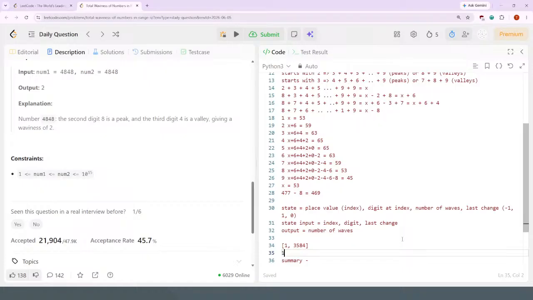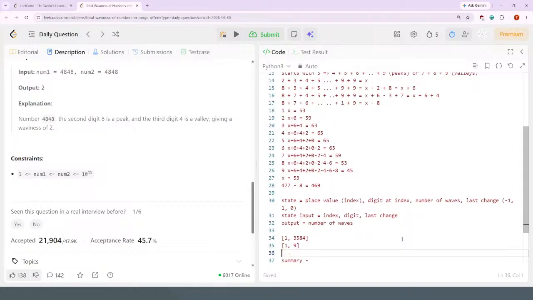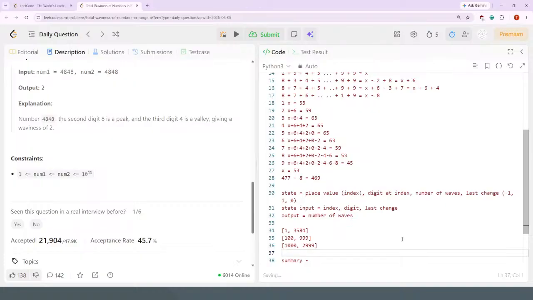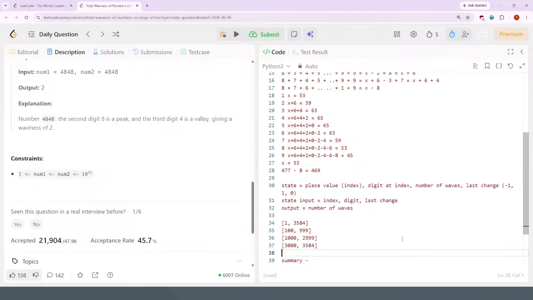I did it as 1000. What if I did it as 1 to 9? Yes, 1 to 9 just doesn't work right. So 100 to 999, 1000 to 2999, something like that. And then 3000 to 3584.